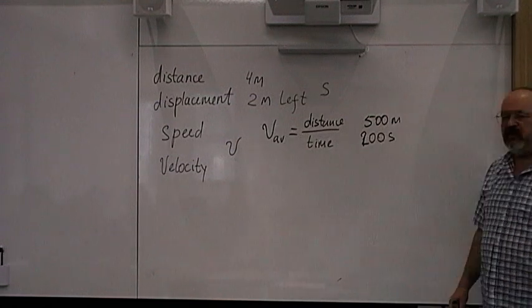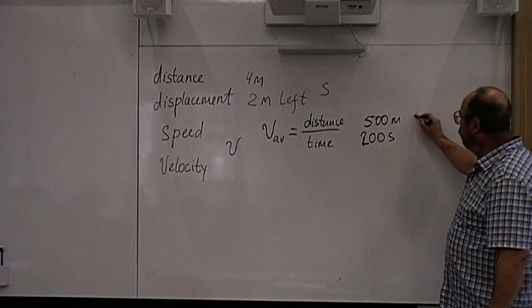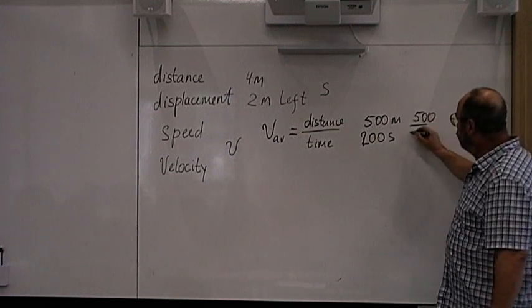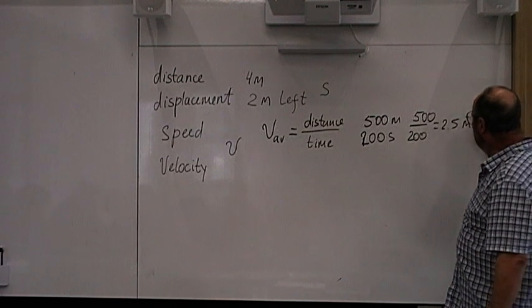So what will be the average speed? 500 over 200 will be equal to 2.5 meters per second.